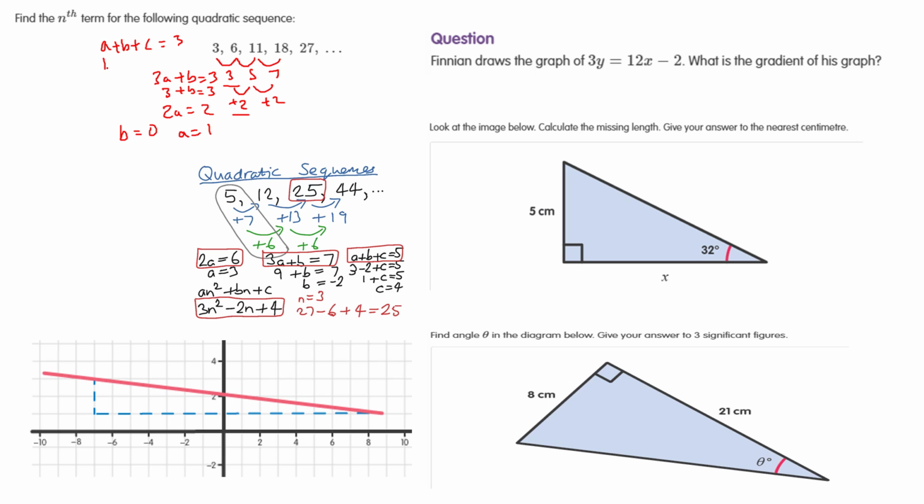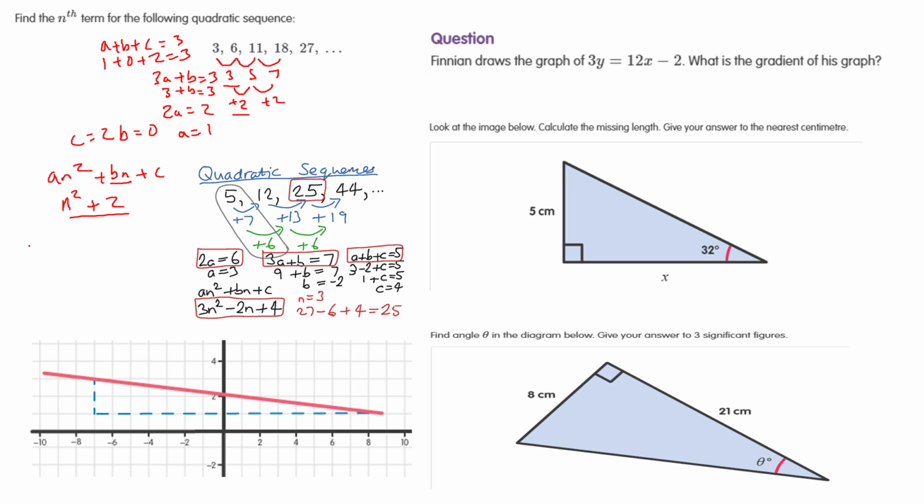Now we know a equals 1, b equals 0, so c must equal 2 to make it equal 3, c equals 2. Now substitute that in the form of an squared plus bn plus c, which is a form of all types of quadratic. So a is 1, so that becomes n squared, b is 0, so that becomes 0. So that answer is just n squared plus 2.